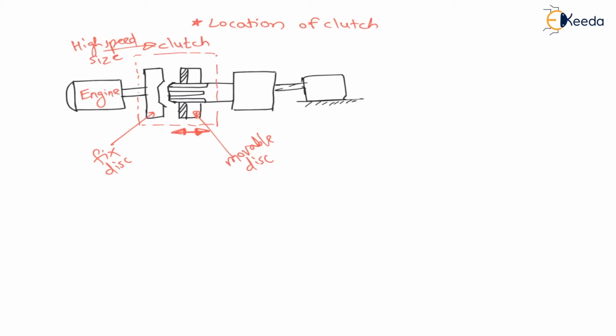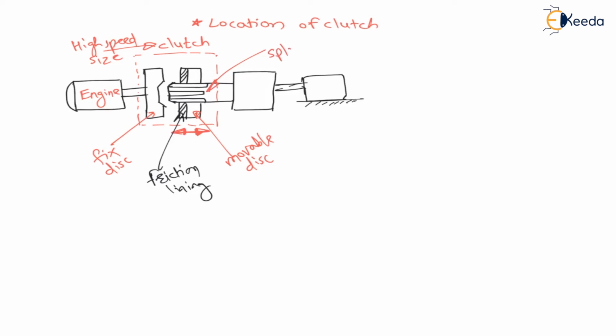Now on this clutch there are friction linings. If it is a friction clutch, here there are friction lining or friction material. Now here it is a spline shaft, and this spline shaft is always connected to the low speed side.